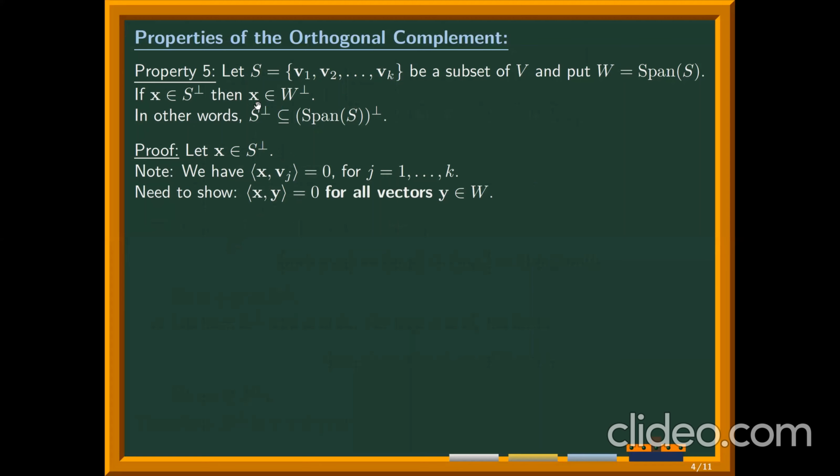So we have to show that X is in W perp. In other words, we want to show that the inner product of X and Y is 0 for all vectors Y in W. This is the definition for elements in W perp.